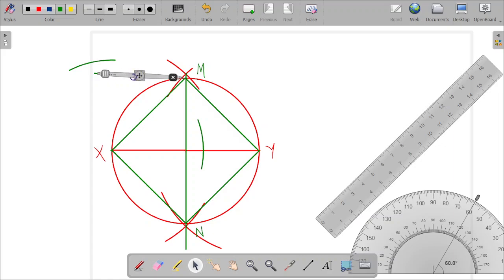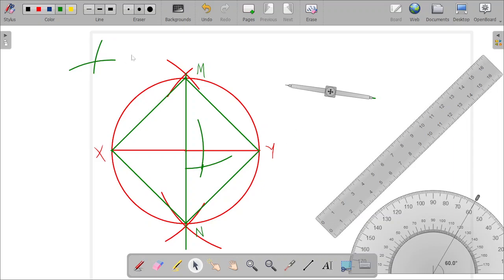Then you make another arc here to cut the first arc, and a new arc to cut this one below. I can place this over here again so that the arc can cut very well. So that is how you bisect a line.